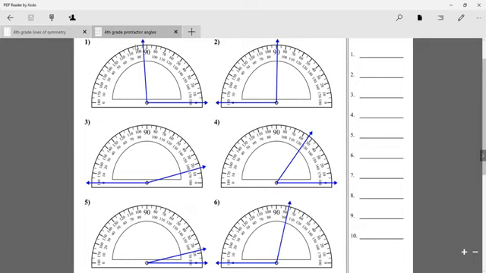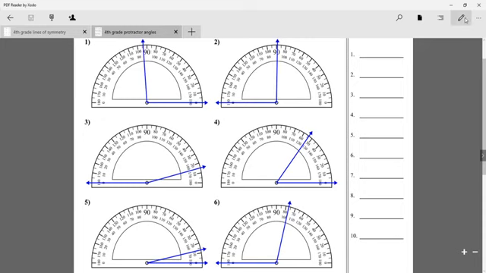So 90, 95, 100. So 95 is here, and this angle is closer to 90. It's less than 95. It's between 95 and 90, but it's a little less than 95.